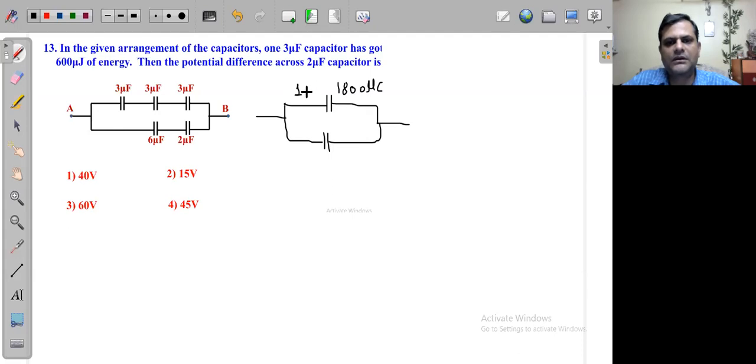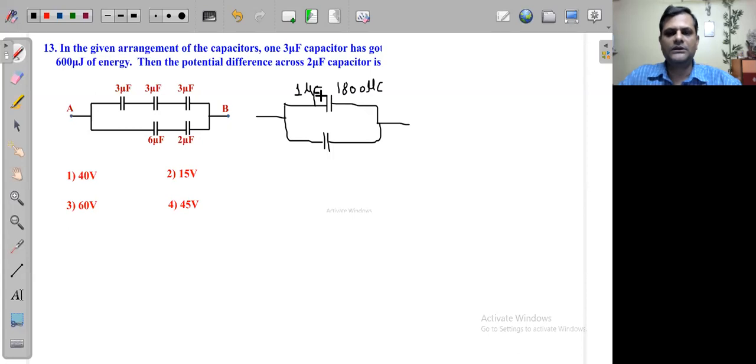This is clear from the series combination, because these 3 capacitors are of equal magnitude and connected in series. In series, if all 3 capacitors are equal, the effective capacitance will be 1/3 of each. That means 1 microfarad here.